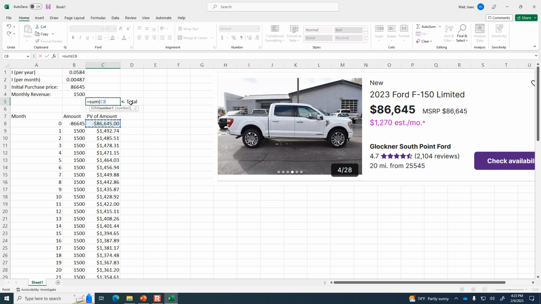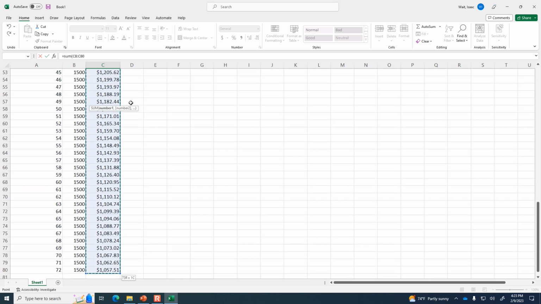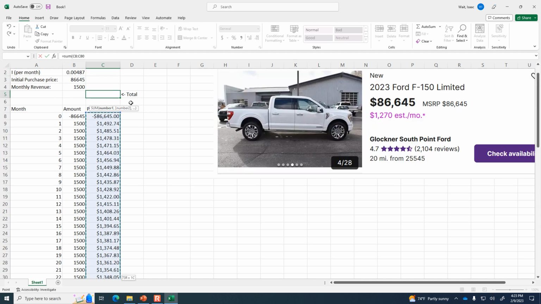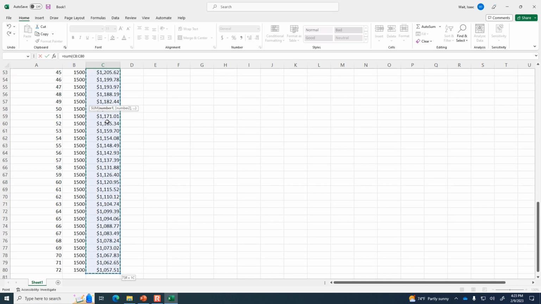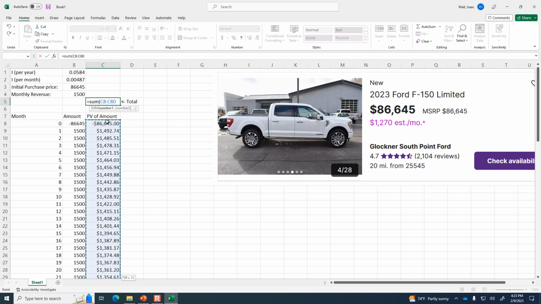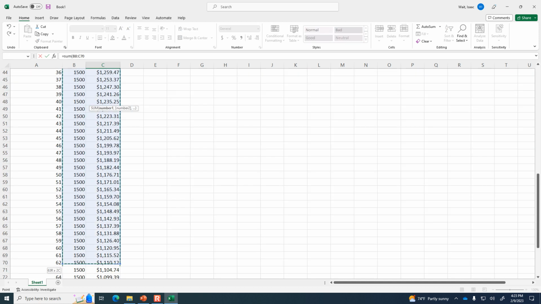If you do Shift, Control, and the arrow button, it goes to the bottom of the list, so you don't have to drag all the way down. So here for the total, we're doing equals sum. You click on the first location, Shift, Control, and the down arrow, and it just takes you to the bottom of the list. Or we could do it the old-fashioned way, equals sum, and just drag all the way down.